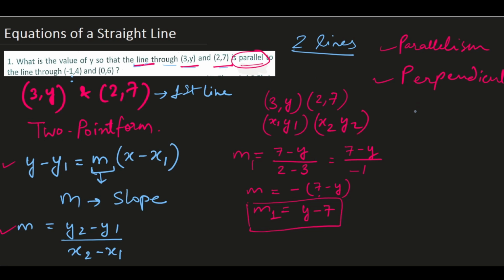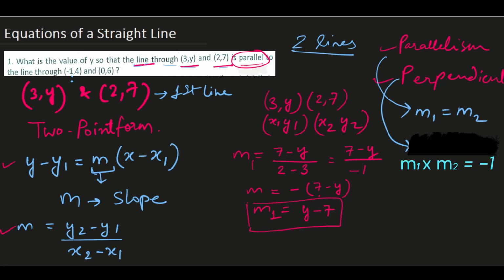If two lines are parallel to each other, there is a relationship between their slopes, which is m1 is equal to m2. And if the two lines are perpendicular, then m1 into m2 is equal to minus 1. Here m1 is the slope of the first line, m2 is the slope of the second line.